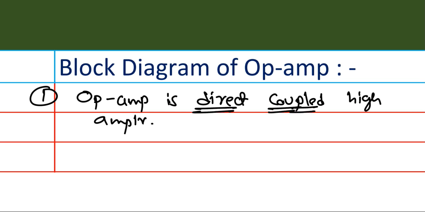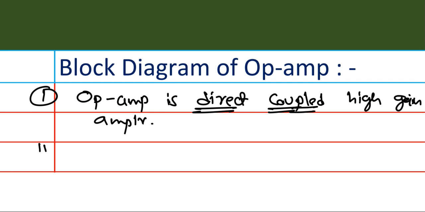Direct coupled means in the op-amp each stage is connected directly to the second stage, and we are not using any coupling capacitor or bypass capacitor. Because we are not using coupling and bypass capacitors, op-amp has a high stability. So your op-amp is a direct coupled high gain amplifier.